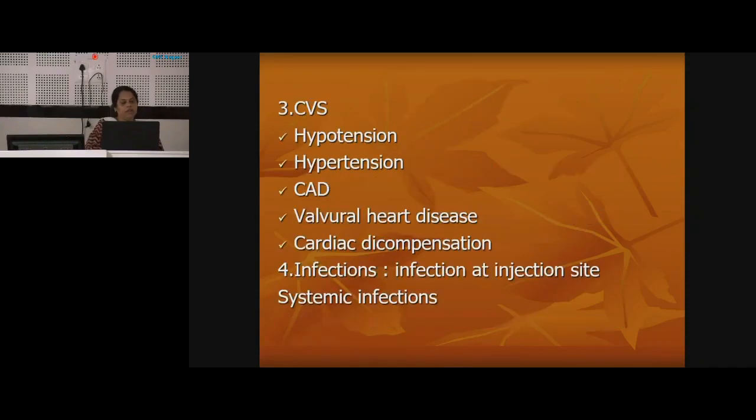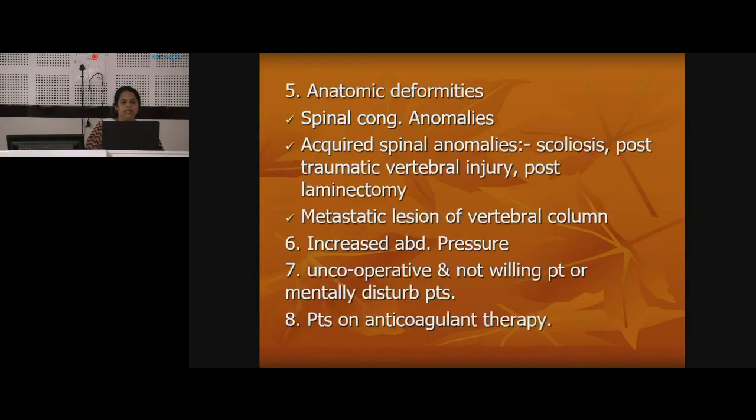And whenever the patient is having coronary artery disease or a valvular heart disease or cardiac decompensation, again the spinal anesthesia is contraindicated. Then anatomical deformities like scoliosis, post-traumatic vertebral injury or metastatic tumors in the vertebral column. In an uncooperative patient or mentally disturbed patient or patient on anticoagulant therapy, the spinal anesthesia is relatively contraindicated.